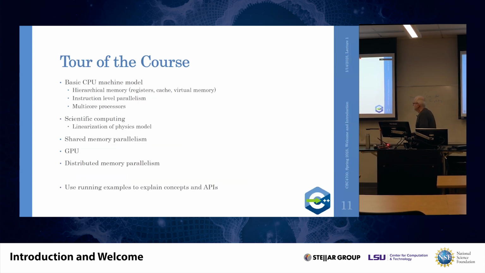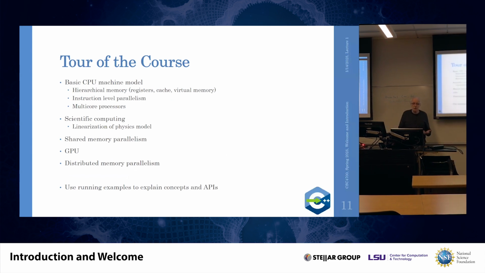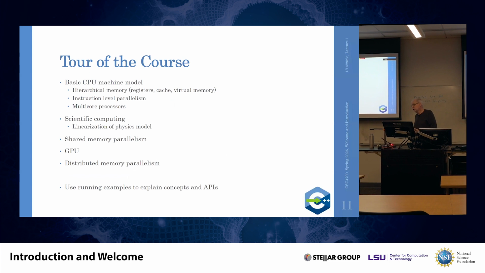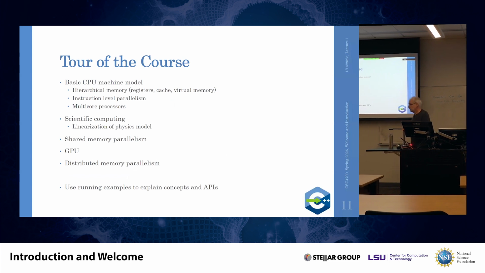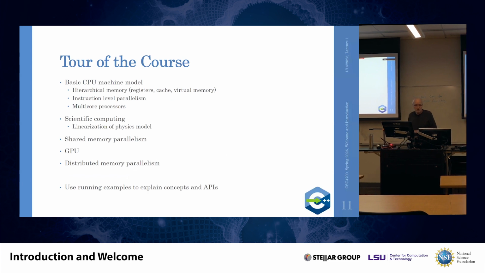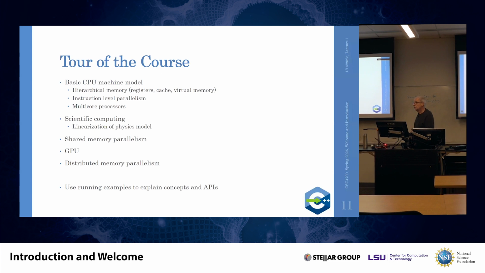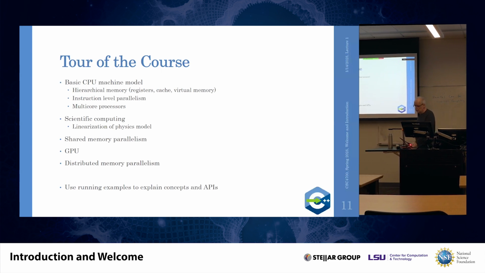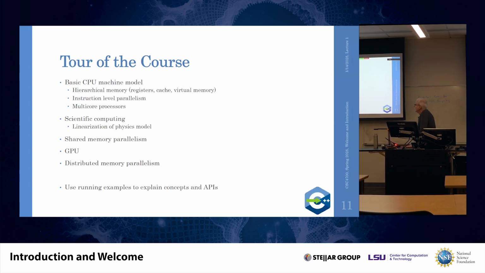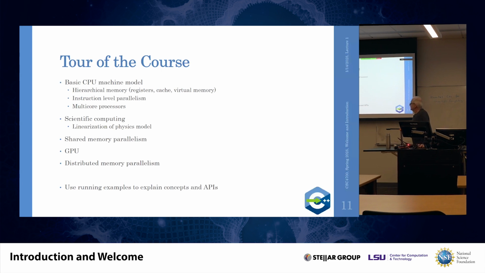So what we will talk about is a basic CPU model, machine model. So we will talk about architecture a lot, because architecture is absolutely crucial to understand how to gain performance. We will talk about instruction level parallelism as one of the means of parallelism in the code, essentially vectorization. We will talk about multi-core processors.